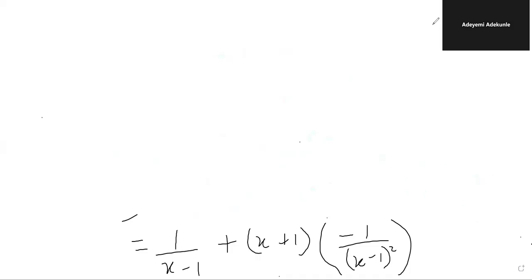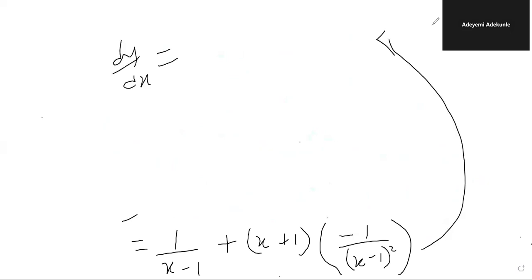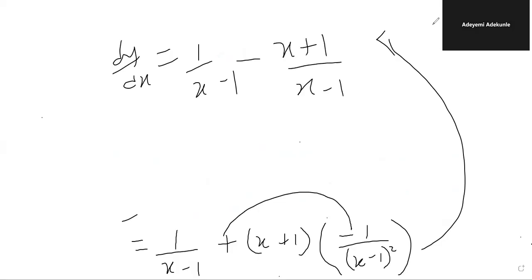So from this particular one here, our dy/dx now can be 1 over x minus 1, plus times this minus is already minus, so minus x plus 1 over x minus 1 all squared.